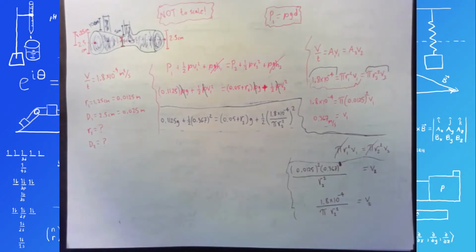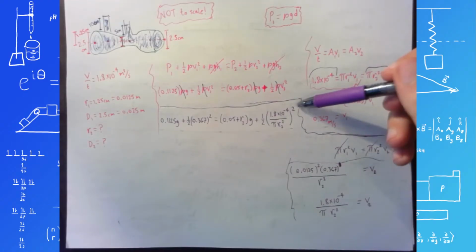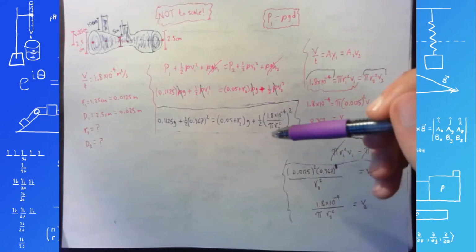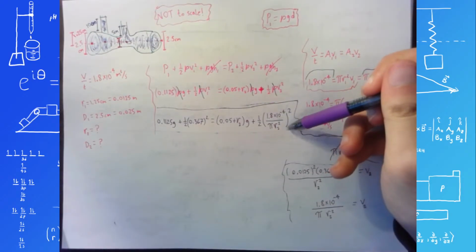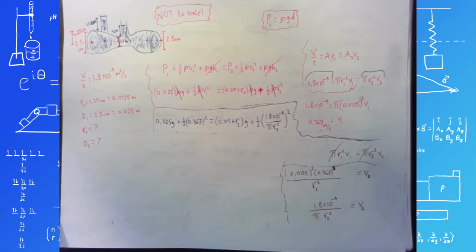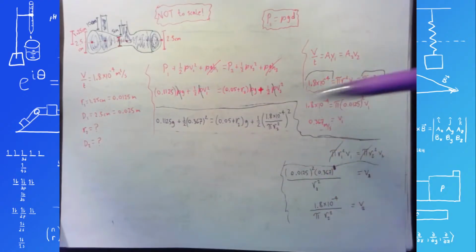Oh, this might not be good, actually. Because if I'm squaring a square, I don't think this is going to be easily solvable, because if I square this, it's going to become R2 to the 4th, and then I'm going to multiply everything by R2 to the 4th over here, and I'm going to have an equation in R2 to the 4th power and R2 to the 1st power.